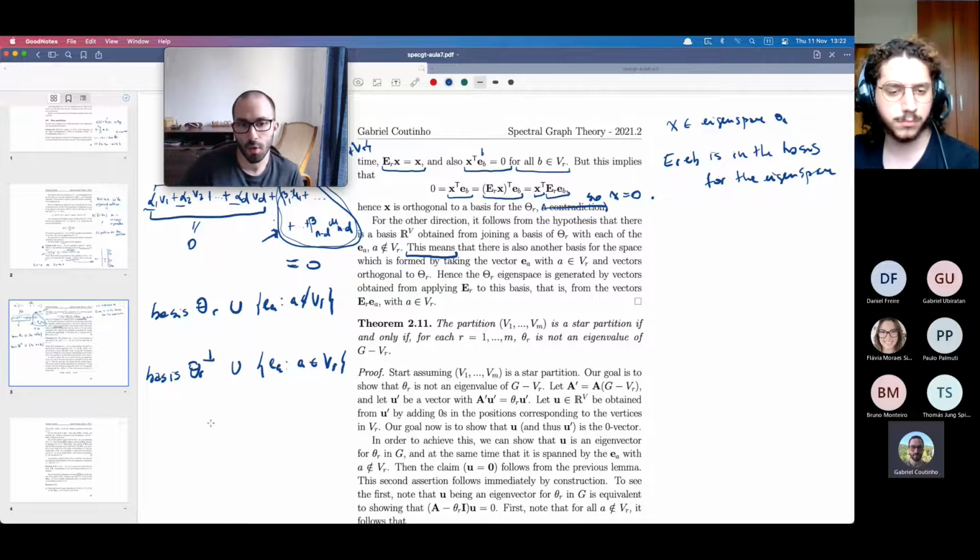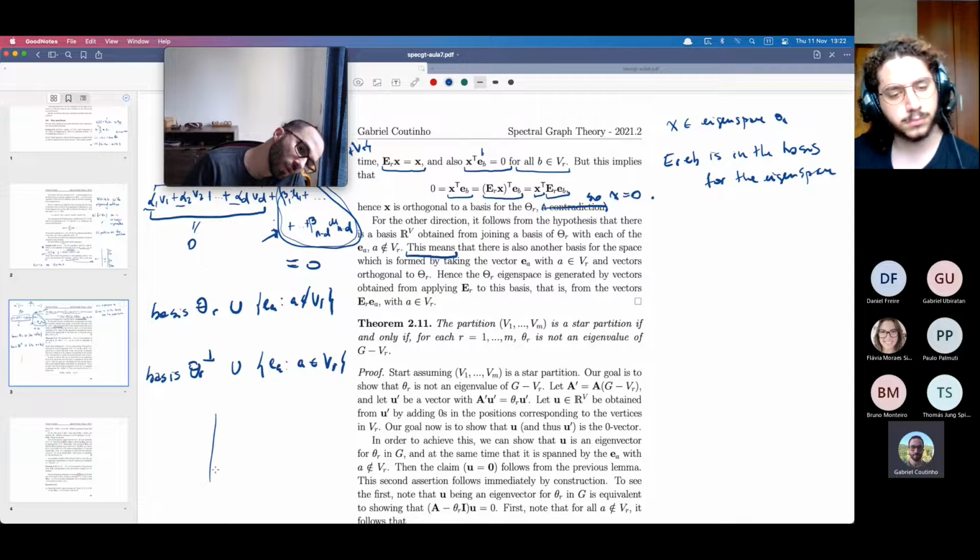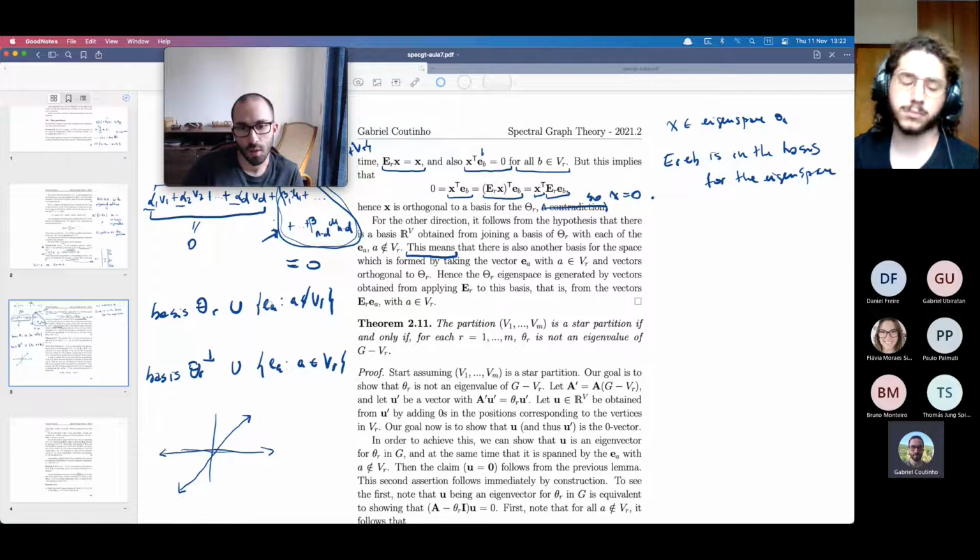So what is the picture here? For example, if we are in R2, I'm going to draw two subspaces. One is this subspace, and the other is this subspace, for example. So these two subspaces intersect in the 0 vector. Now if I take the orthogonals of both, I still have two bases, right?